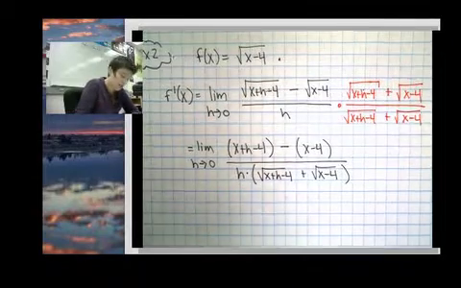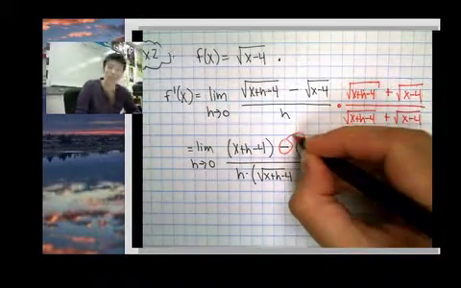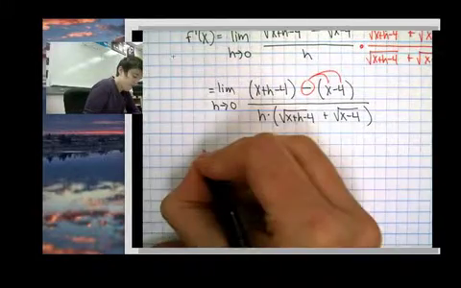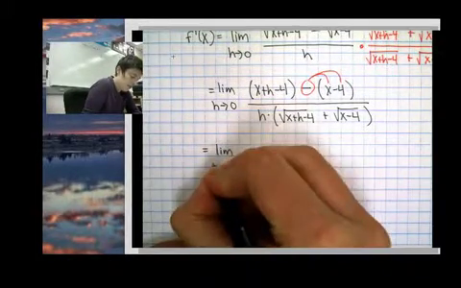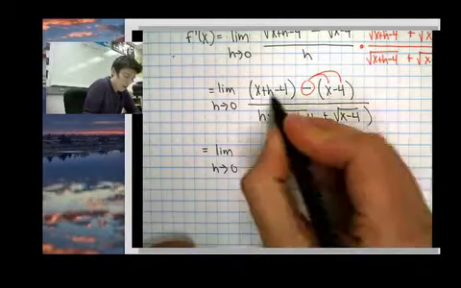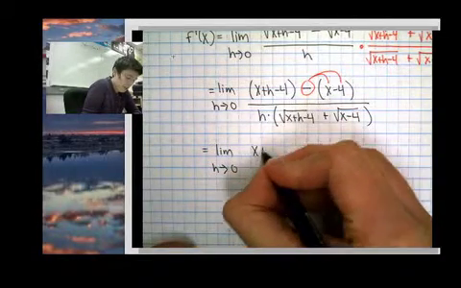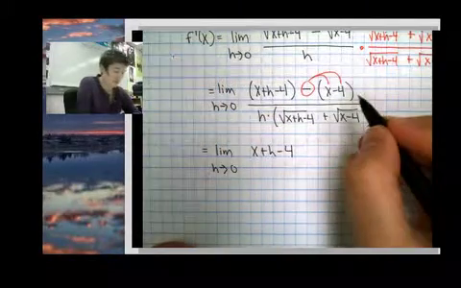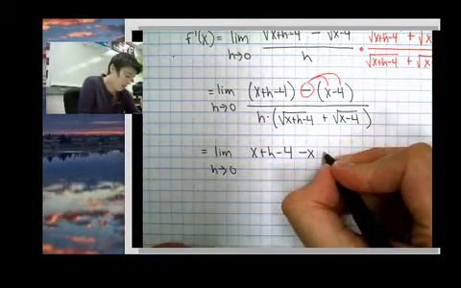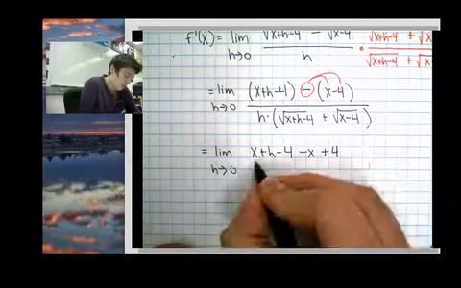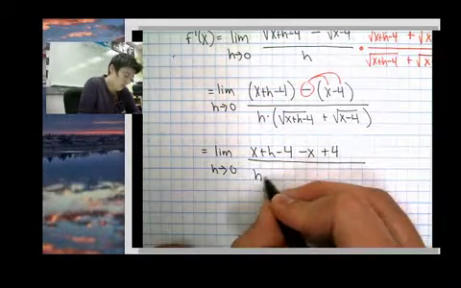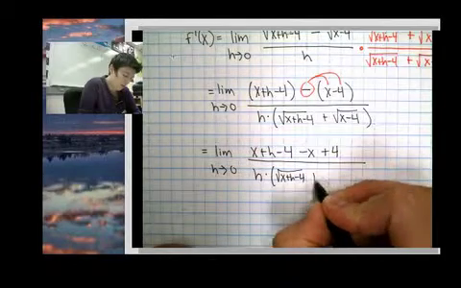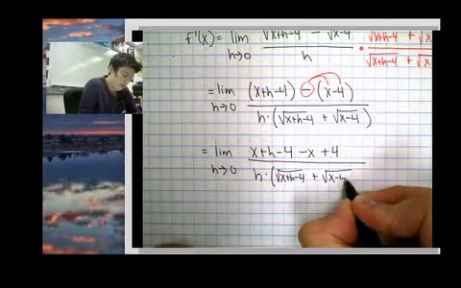Next thing I'm going to do is distribute this negative sign in. That'll be my next step. So I'm going to write equals the limit as h goes to 0. On top we've got x plus h minus 4. And then distribute the negative sign in, so we're going to have a negative x plus 4. It'll change the sign. All over h times all that junk, square root x plus h minus 4 plus square root x minus 4.